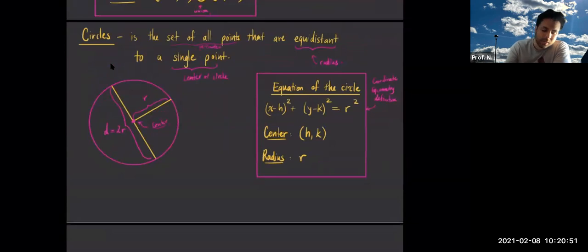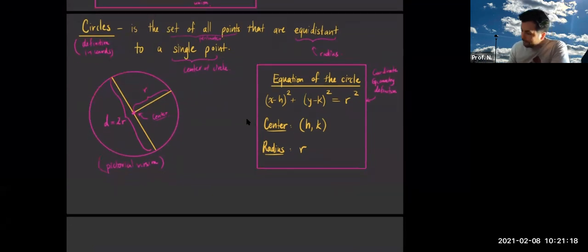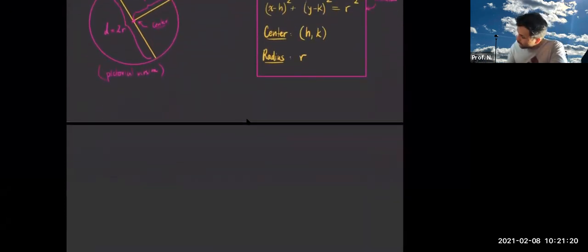And this is just the definition in words. And this is the pictorial definition, or the pictorial version of a circle. Okay, so we can express things in mathematics in words, in pictures, and in equations.